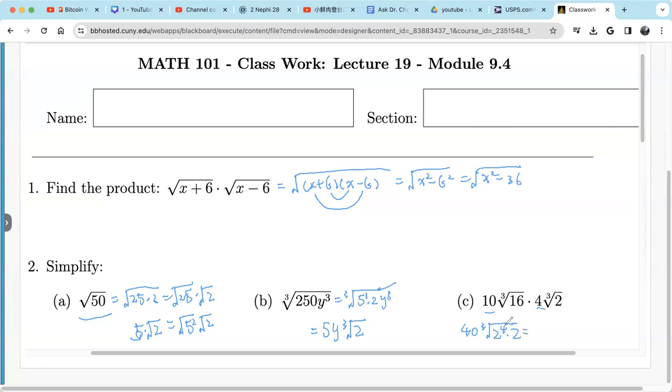Now 2 raised to 4, we can split into 2 raised to 3 and 2. So 2 raised to 3, then index 3, that becomes 2. 2 times 40, 80. Then we have a cubic root of 2 times 2, which is 4. To get an 80 cubic root of 4 for C.